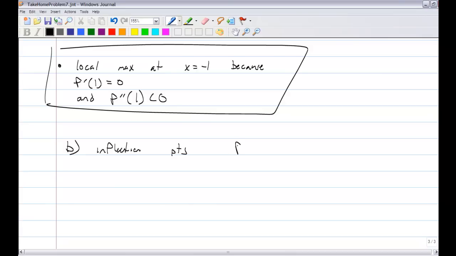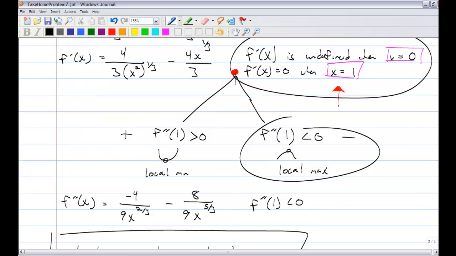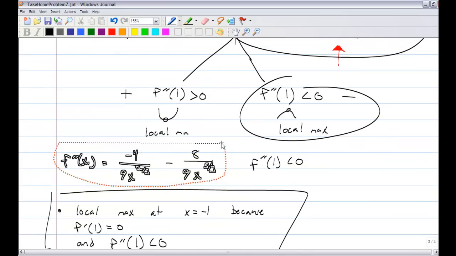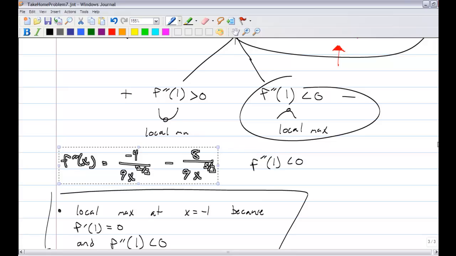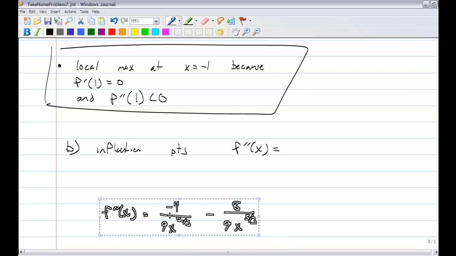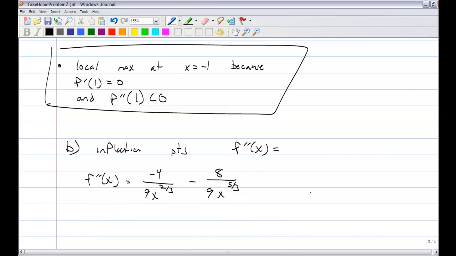So I need f double prime of x again. We've already calculated it. It's right here. If f double prime keeps track of concavity, the only way that f double prime is going to change signs is if f double prime goes to 0 or f double prime goes undefined.